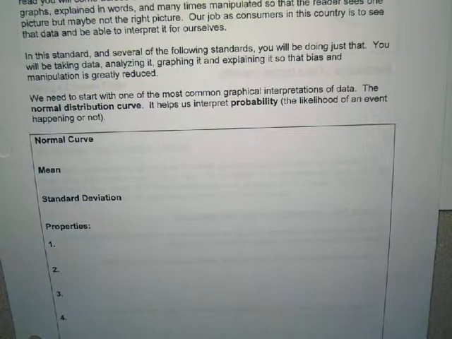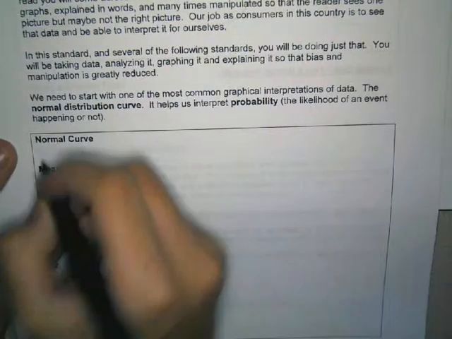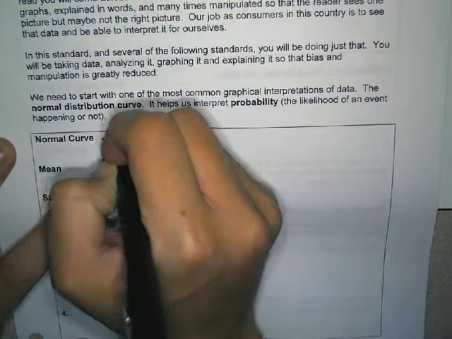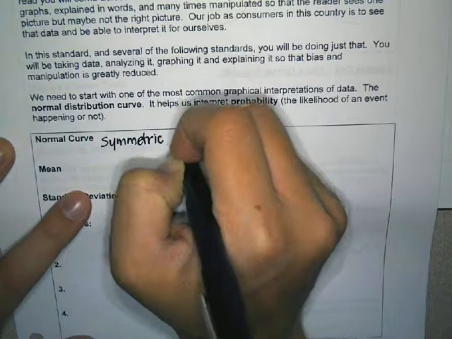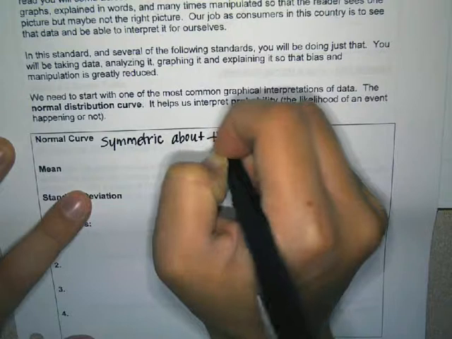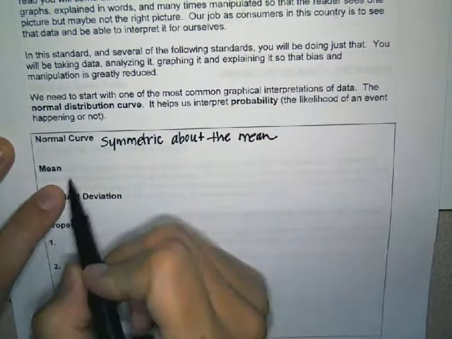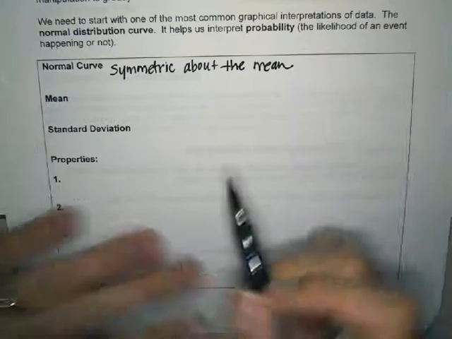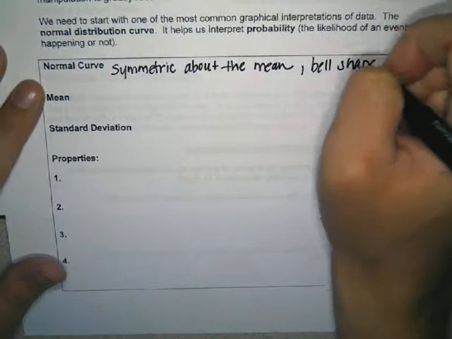We're going to have a few short definitions at first. A normal curve is, well, we'll start with saying that it's symmetric about the mean, and we'll discuss what mean means here. It's a bell-shaped curve.